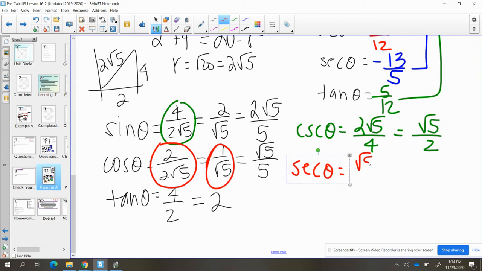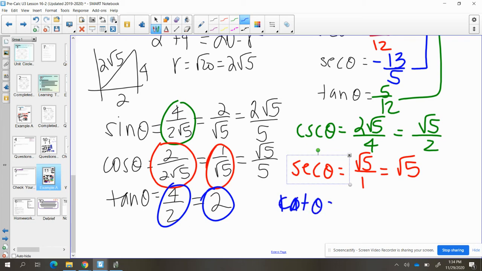So now it's the square root of 5 over 1, which is just the square root of 5. And last but not least, the tangent was 2 over 1, so the cotangent would either be 2 over 4 or 1 over 2. So it reduces to be there.